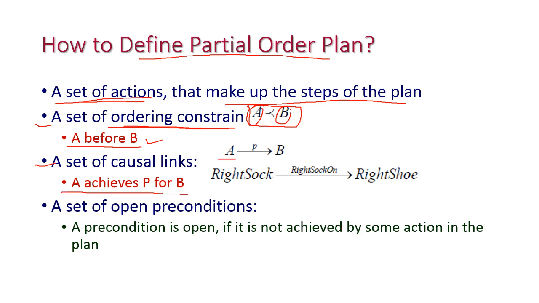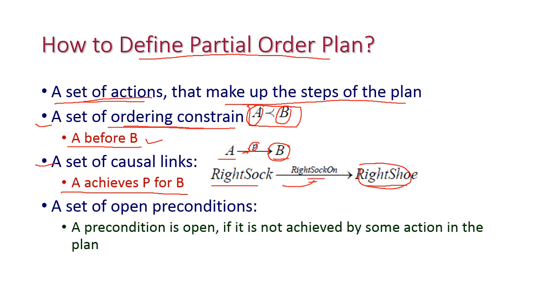A is a state and B is another state. To achieve B, A should satisfy this precondition. For example, take a right sock and a right shoe. When we place the right shoe, the right sock should be on.